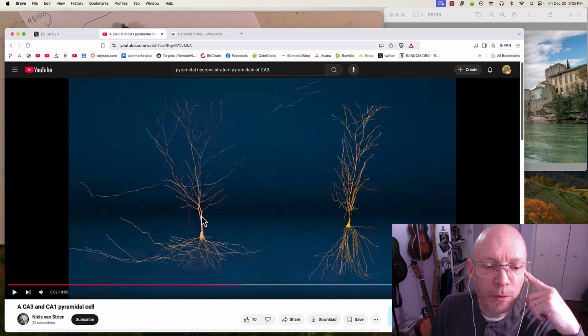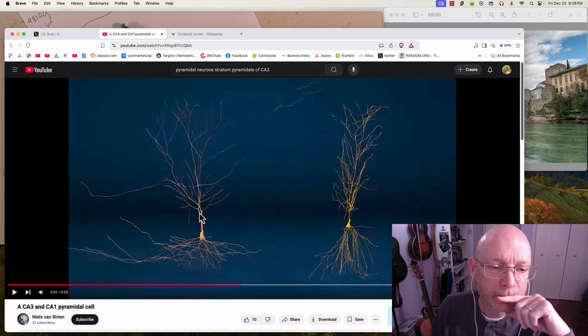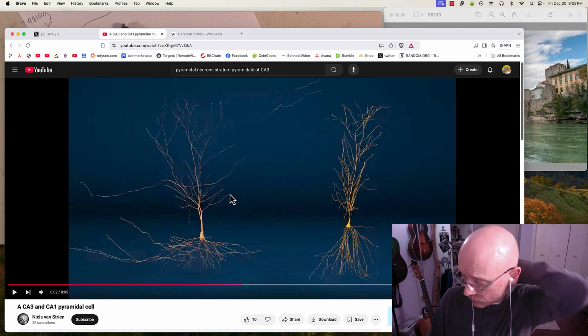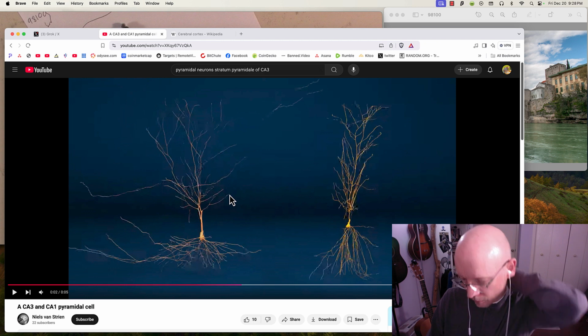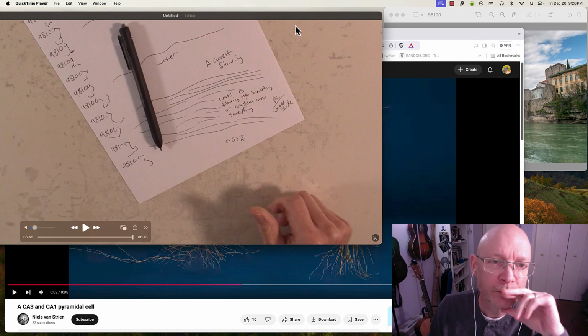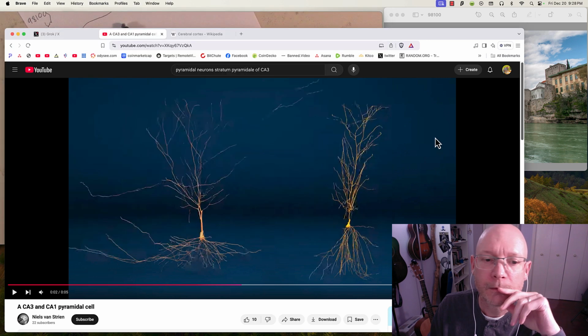The impulse moving through these pyramidal neurons in the CA3 is about 1 meter per second. It's different in this part of the brain. It's slow. Pretty slow.